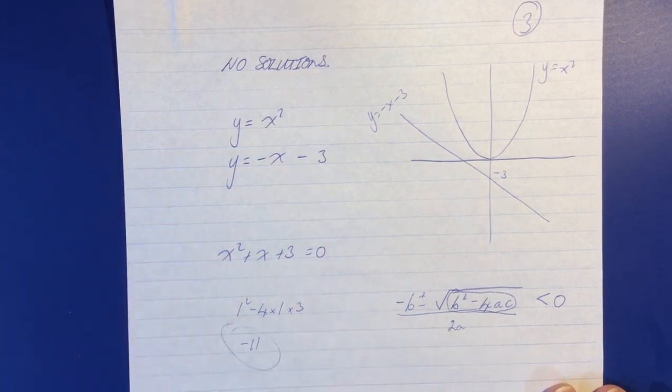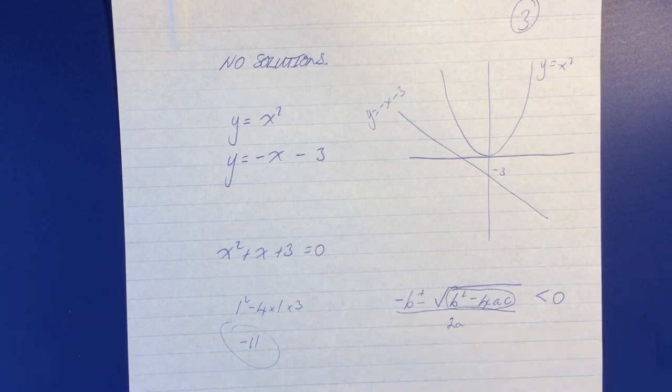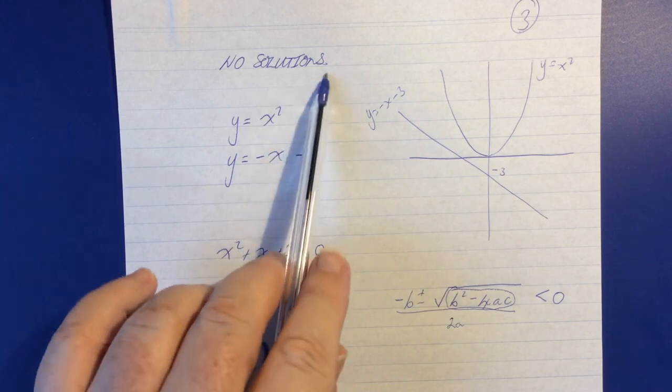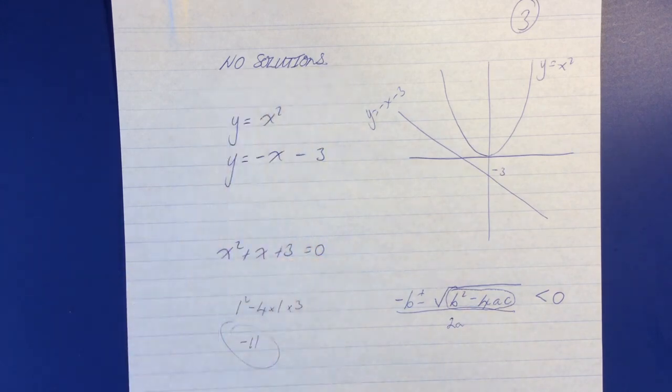We're not going to go looking for the square root of negative 11. It's not a real number. There's a video on my channel about what no real solutions means. This problem has no real solutions. These two graphs don't intersect.